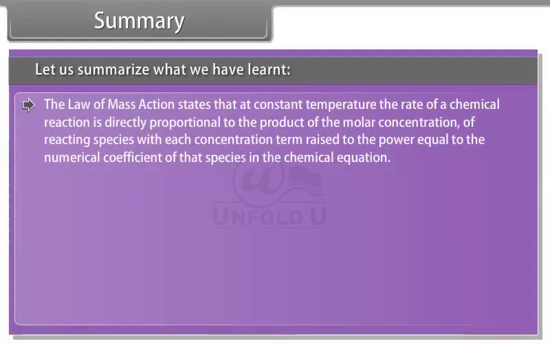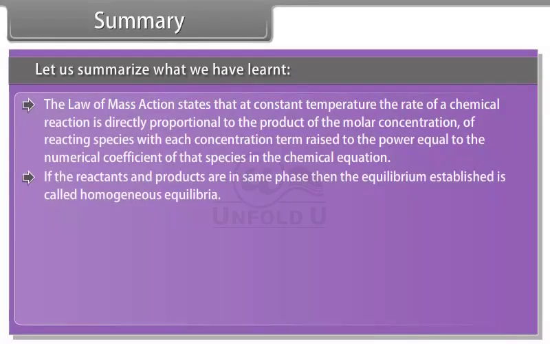The law of mass action states that at constant temperature, the rate of a chemical reaction is directly proportional to the product of the molar concentrations of the reacting species, with each concentration term raised to the power equal to the numerical coefficient of that species in the chemical equation. If the reactants and the products are in the same phase, then the equilibrium established is called homogeneous equilibria.